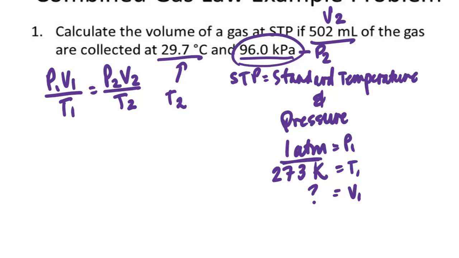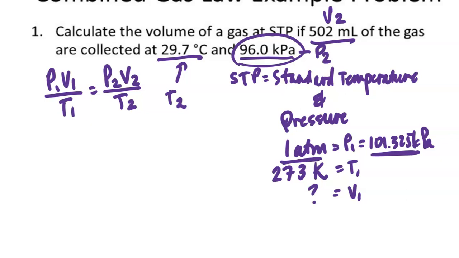In order for that to work out mathematically, I have to make sure the pressures are in the same unit. If you recall, 1 atmosphere is 101.325 kilopascals. We discussed that when we talked about interconversion of pressure units earlier in the chapter. So I have to use this value of pressure instead of the one in atmospheres to get proper cancellation.